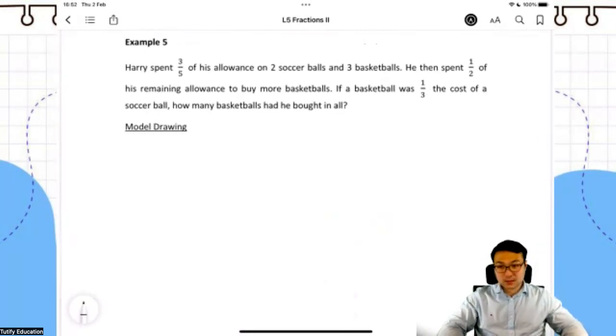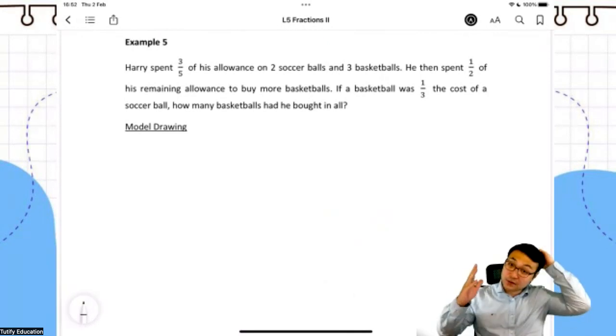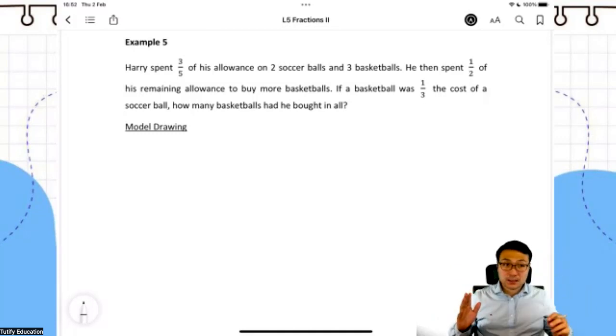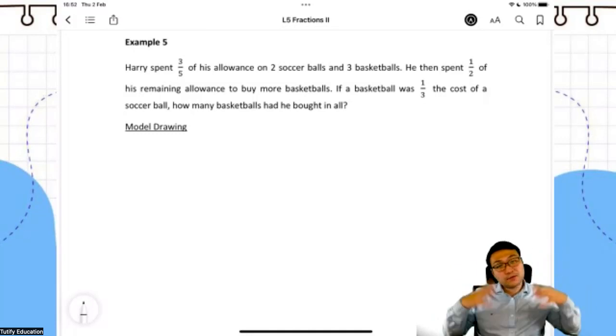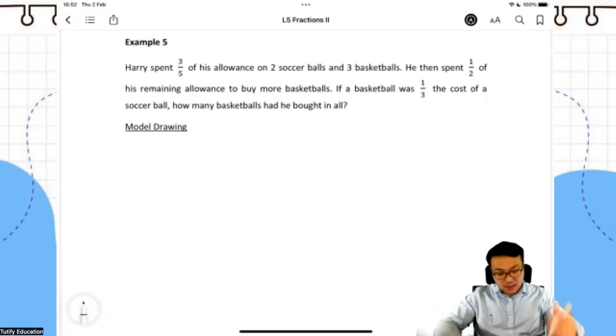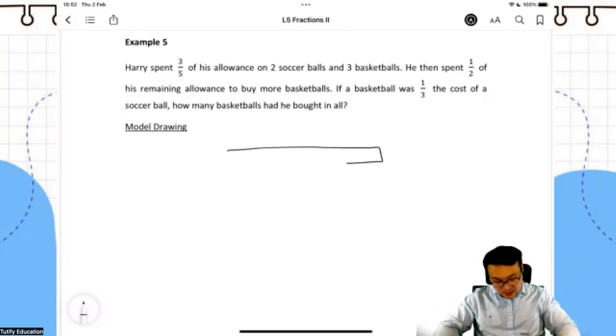So when we read this question, it says that Harry spent 3/5 of his allowance. So when they say 3/5 of his allowance, it means that he should have a total of 5 units. So we are going to draw 5 units first. So this represents his entire allowance, okay? So out of 5 units, he actually spent 3 units.